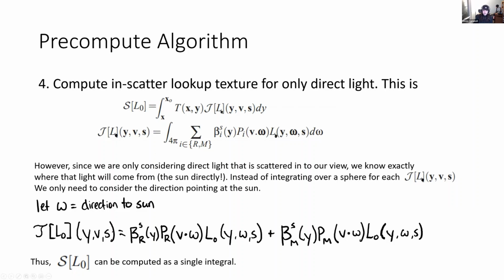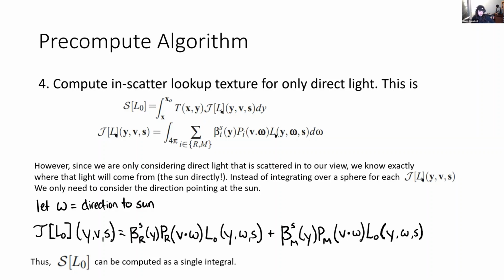For the in scattering one, we also want to compute it just for the direct light at first, because that's all we know right off the bat. So we've got this bracket syntax again, where we're saying instead of a lighting equation, use direct lighting as your equation. You can see that all of those L in these equations have been replaced with L0. And remember, L0, direct light, is trivial to determine because it's just whether you're looking at the light or not.